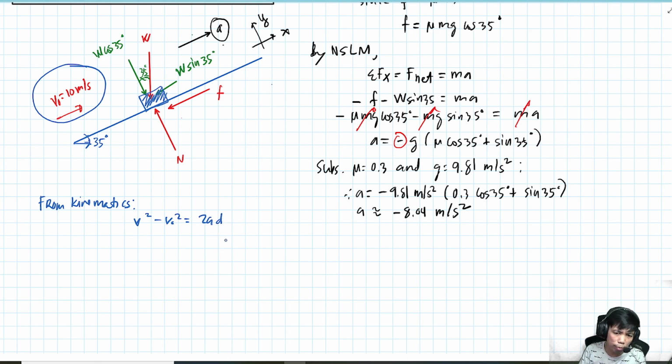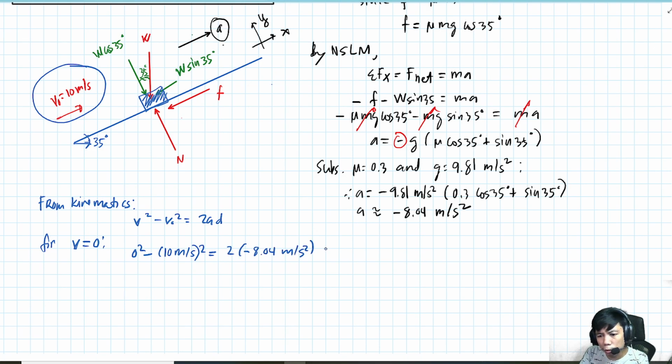Pwedeng d, pwedeng s, pwedeng x, kayong bahala, basta alam nyo kung para saan yung variable na yon. Since mag-i-stop tayo, ibig sabihin, yung ating final velocity is 0. So, 0 squared minus yung v0 natin is 10 meter per second squared equal to 2 times negative 8.04 meter per second squared and then the distance.